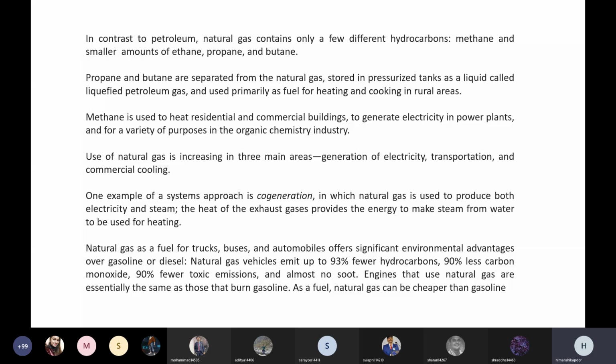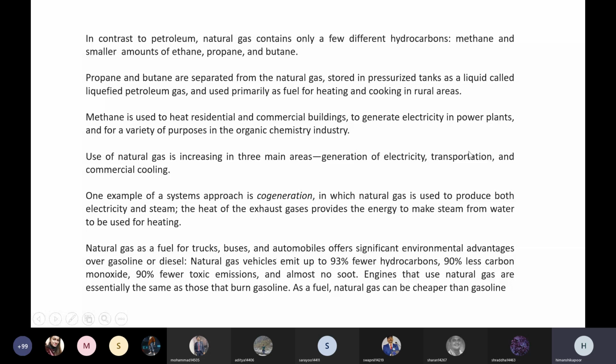Again, it is a very green source of energy. It does not produce much pollution and burns with a clear blue flame. Natural gas is also used in the generation of electricity, and in transportation.